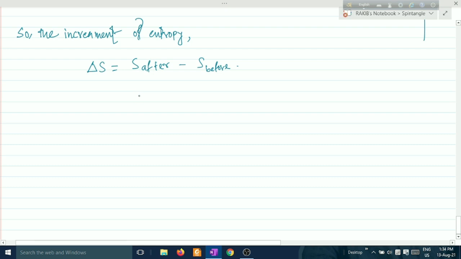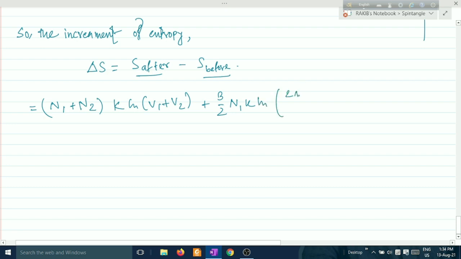This is a big expression, but not too difficult. Write the S after and write the S before. We have n1 plus n2 k ln V1 plus V2, plus 3 by 2 n1 k ln 2 pi m1 kT by h square.